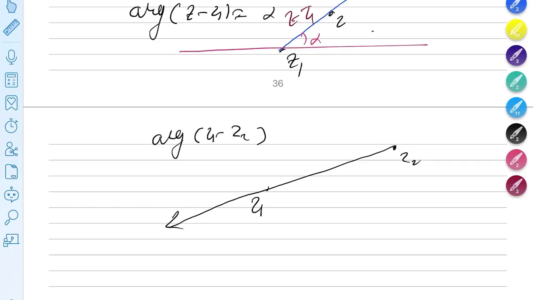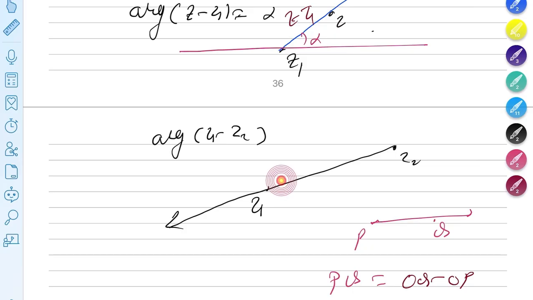Because in vectors, let's say vectors P and Q, if I ask for the vector PQ, it is OQ minus OP. This is how we write PQ. So that means it will be somewhere like this.